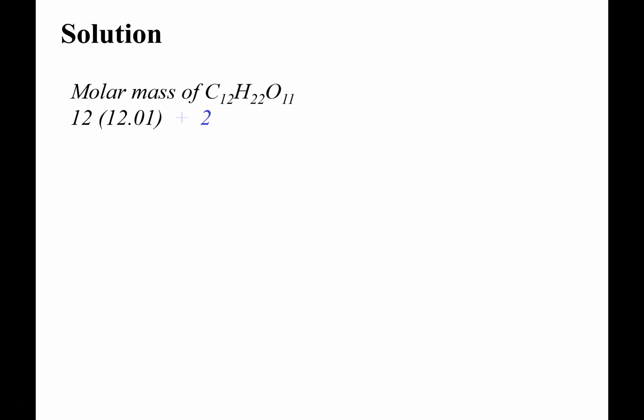You need to get the molar mass of sucrose. And this is where we needed to know the formula. Couldn't just call it SUCC. So we're going to take 12 times the decimal number for carbon, 12.01, plus 22 times 1.008 for hydrogen, plus 11 times 16.00 for oxygen.